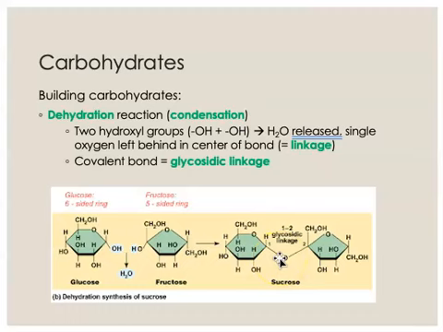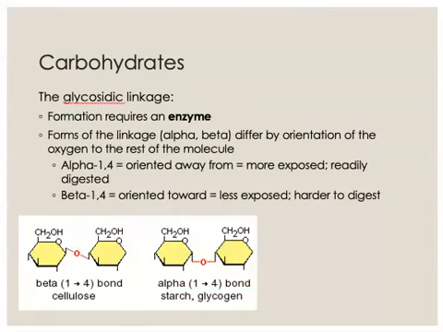This type of linkage that joins two monosaccharides gets a name. It's called a glycosidic linkage. So just like any chemical reaction in a living cell, the formation of a glycosidic linkage requires an enzyme.